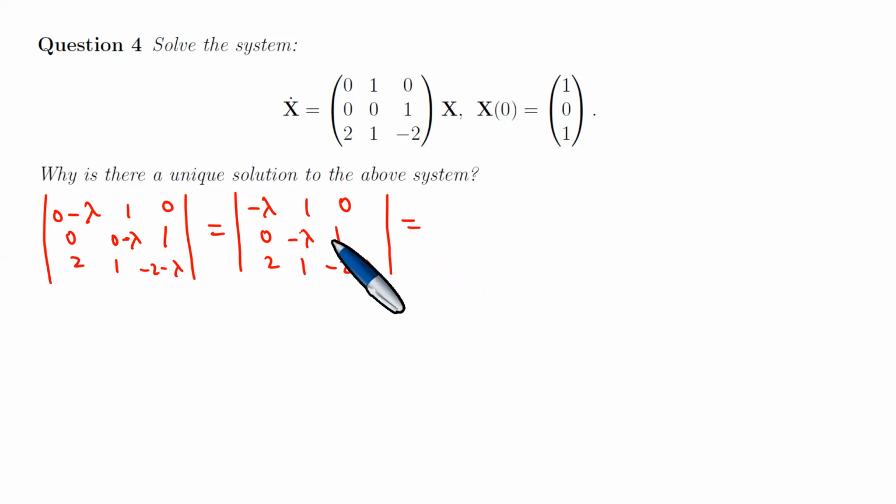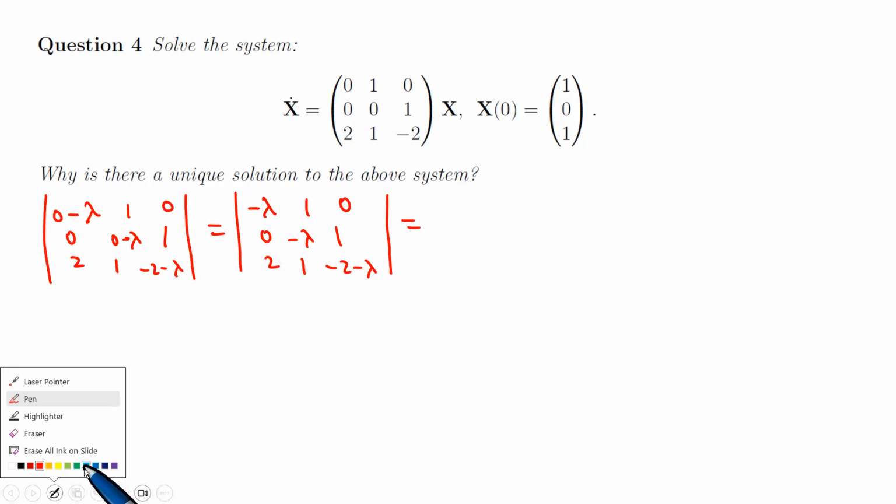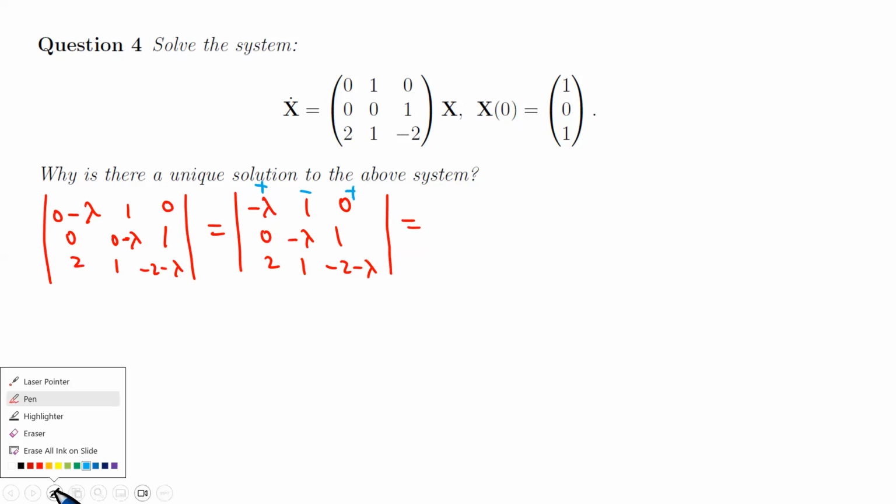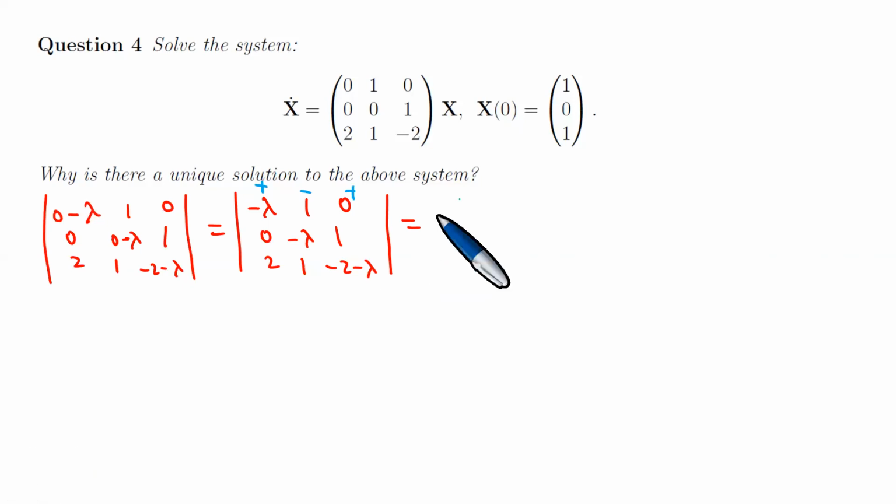Using cofactor expansion, we associate a couple of signs with this: a plus here, a minus, then a plus. So we're going to have minus lambda. If we cover this row and that column, we're left with minus lambda, 1, 1 minus 2 minus lambda.